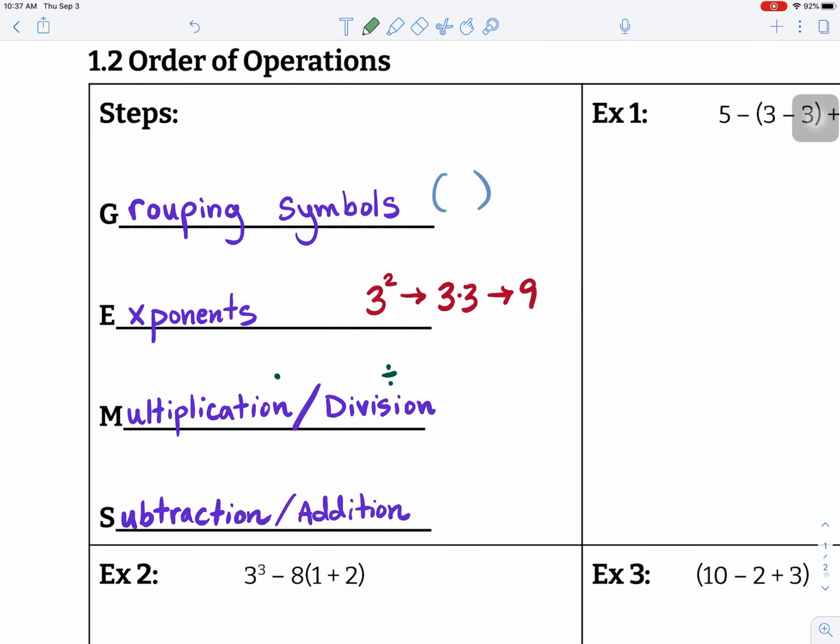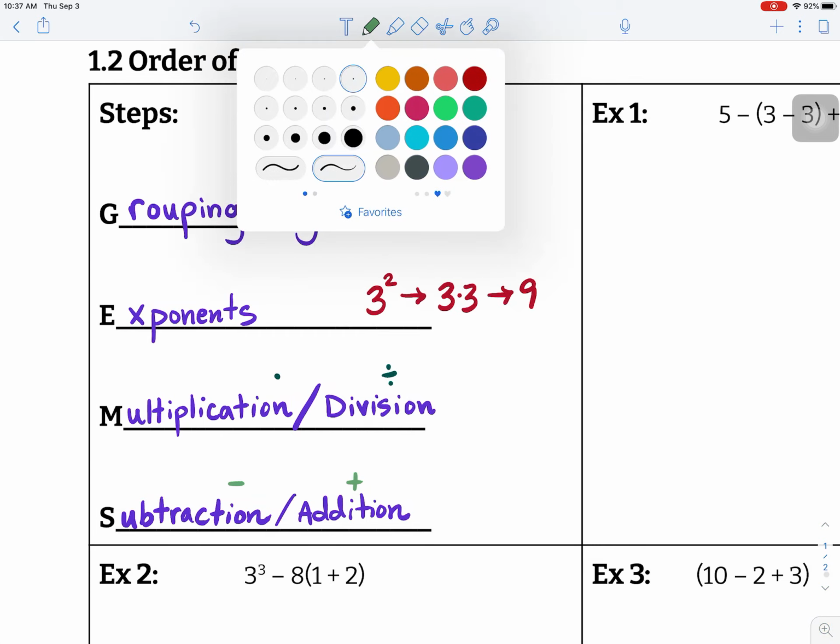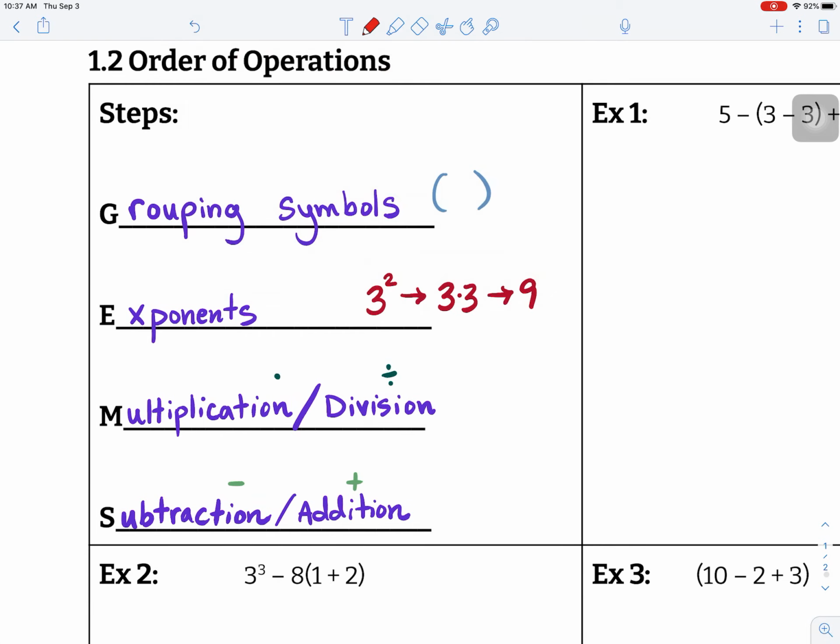Now, one super important note that I want you to add is, and I'm going to choose a really appropriate color here, I'm going to go with bold red. So our subtraction and addition and our multiplication and division steps oftentimes seem like the most simple, but we read math just like we read English, which is from left to right.